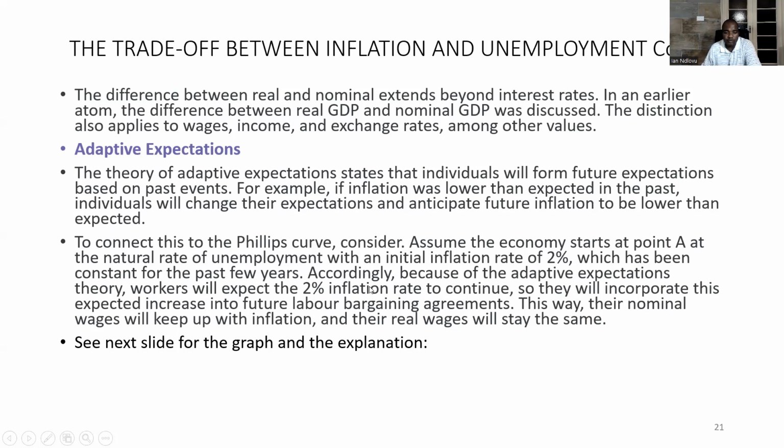Therefore, because of adaptive expectations, workers will incorporate the 2% inflation rate into their reasoning and expect it to continue, so that this expected increase is factored into wage negotiations in the future. This way, their nominal wages will keep up with inflation. It will be 2% versus 2%, and their real wages will in actual fact stay the same.